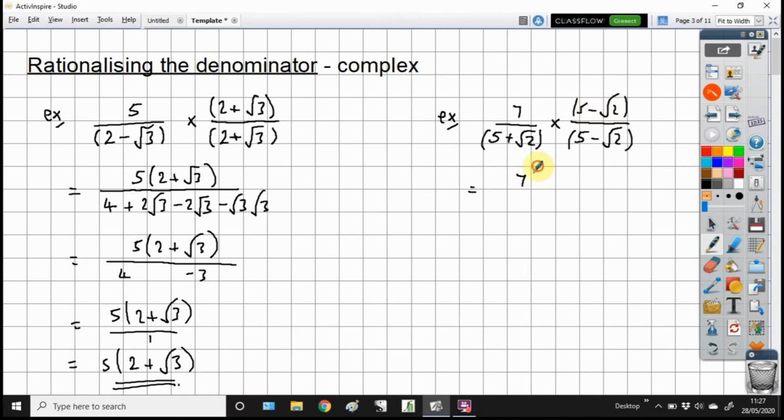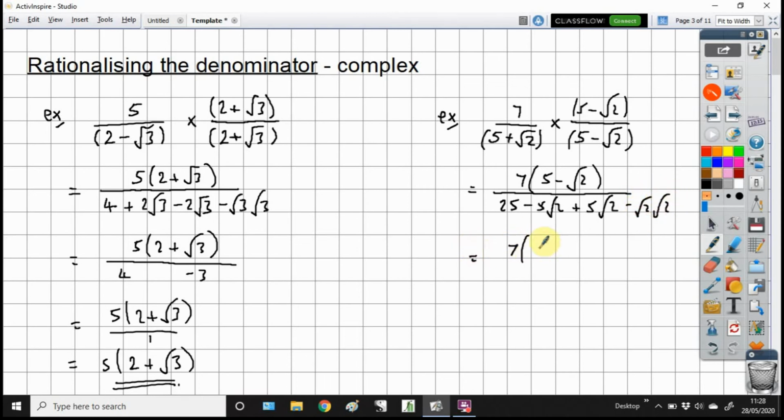What have we got? 7 bracket 5 minus root 2 all over 5 times 5, 25, minus 5 root 2 plus 5 root 2 minus, because of the positive multiplying the negative, minus root 2.